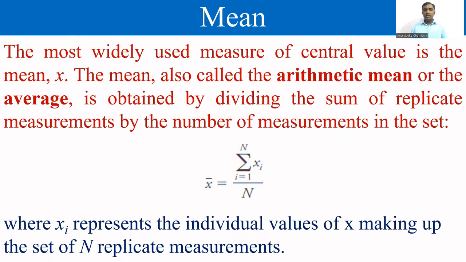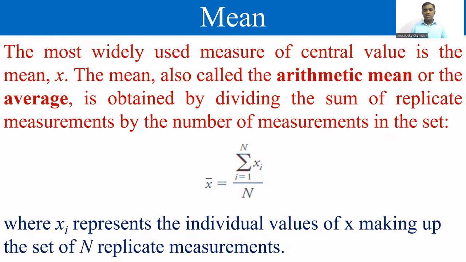If you have a set of data, say for example, if you are in a lab taking a reading, if you take the weight of a substance repeatedly, twice or thrice or 4 times, you can take the average of all these readings. So the average is done by the formula given here.